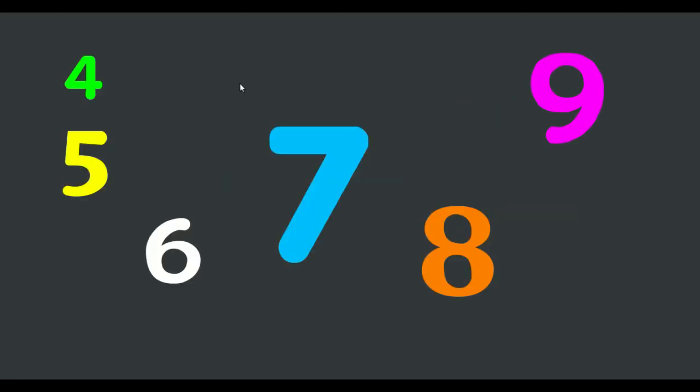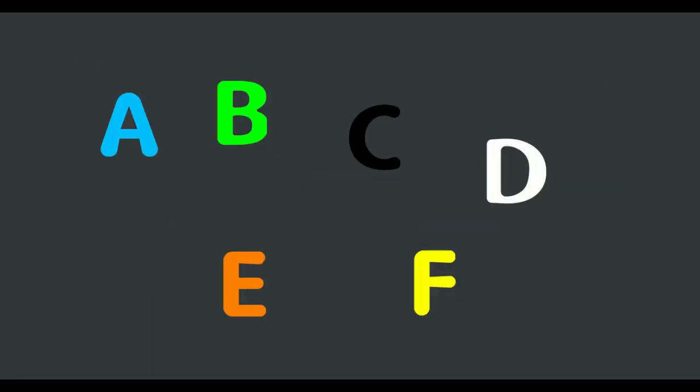Similarly, to represent this many items, we use another symbol and this is called 2. Here it is 3 and so on. Similarly, we have 4, 5, 6, 7, 8, 9 to represent that much count.